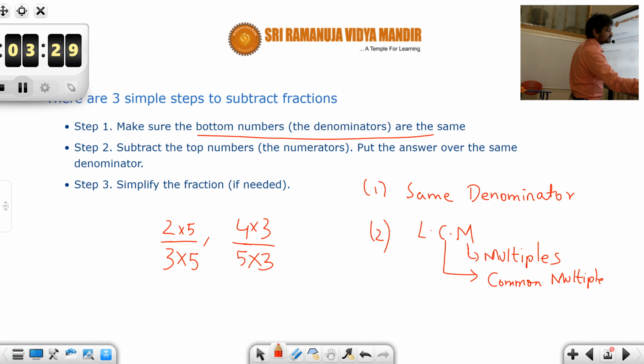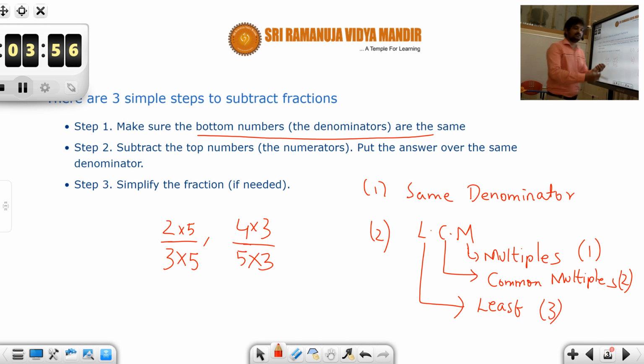Once we are done grouping the common multiples, then we'll pick the least number among that group of common multiples. L stands for least. So to find the least common multiple, the first step is to write down their multiples, the second step is to write down their common multiples, and the third step is simply to identify the least one, that is the first number in that group of common multiples.